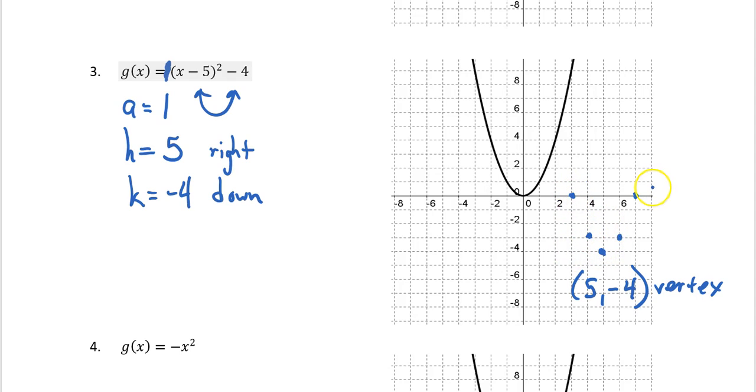Those 2 points are right on the x-axis, so those are going to be my x-intercepts, and those x-intercepts have a value of 7 and a value of 3. If you want additional points, then you go back to your vertex, you go right 3 and up 9. Then you draw your parabola.